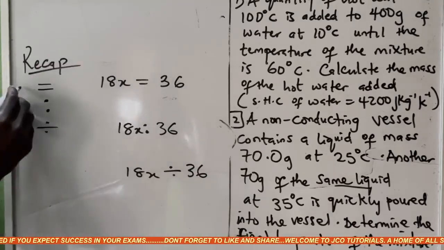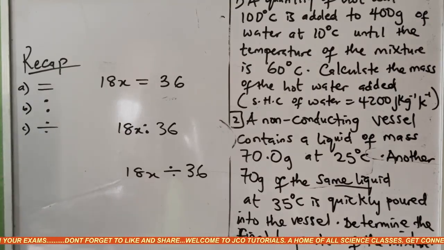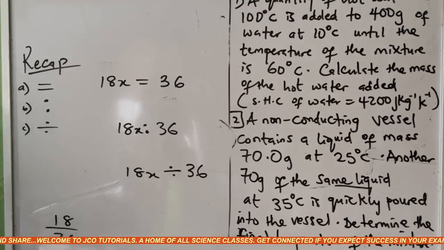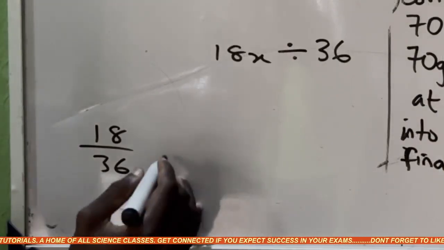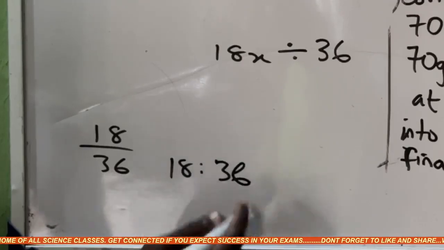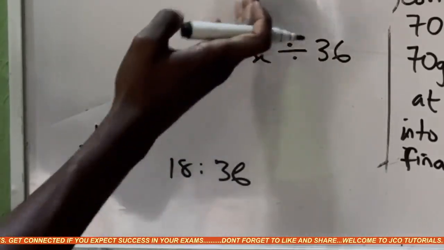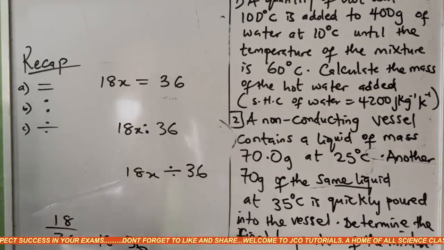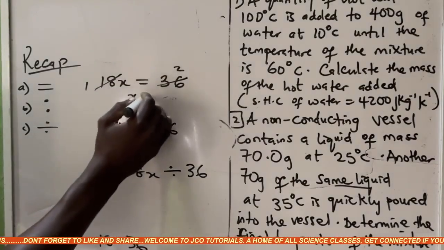When you have any of these symbols, you can divide them the way they are. Ordinarily, we know that if I have 18 over 36, I should be able to divide like this. But if it is written as 18x ratio 36, notice ratio is division in mathematics. So it's the same thing. But then here's where many people get confused. When it's equal to, yes, the same thing. You can also divide. So that 18 here is 1, 18 here is 2. Therefore, x equals 2.